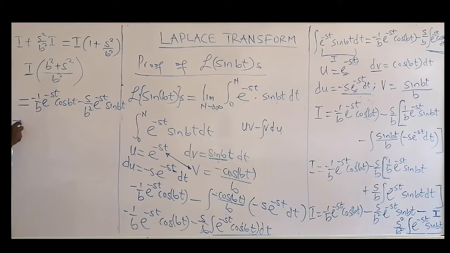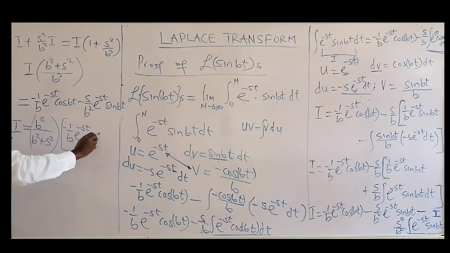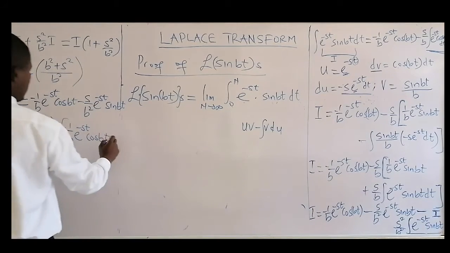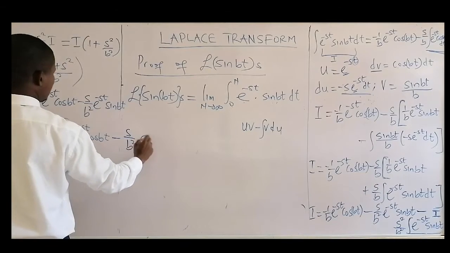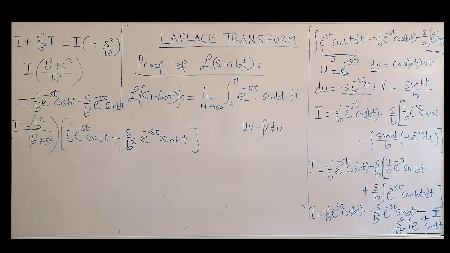So I will be equal to b squared over b squared plus x squared times minus 1 over b e to the minus st cos bt minus x over b squared e to the minus st sine bt. We just allow this one to go into that expression.